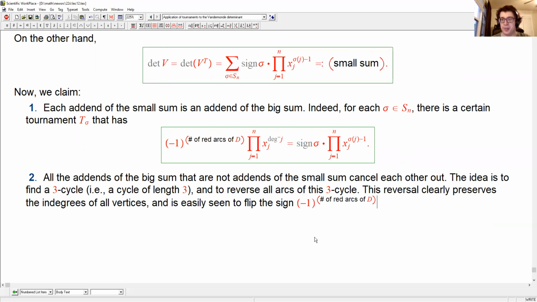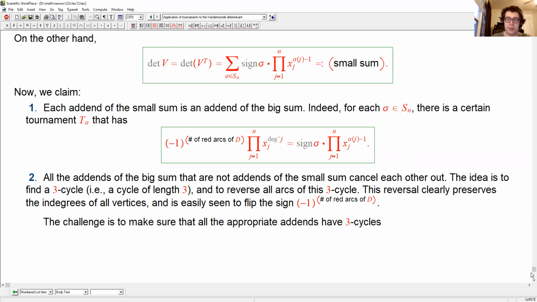Basically, because when you reverse an arc, it goes from blue to red or from red to blue, but then you do this 3 times, so the sign flips 3 times, so it flips. Now, the challenge is to, first of all, make sure that all the appropriate addends really have 3-cycles to begin with.